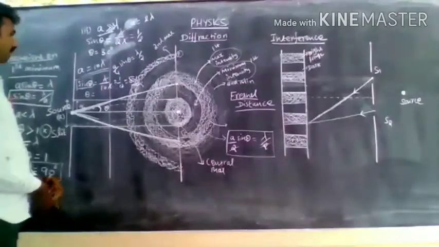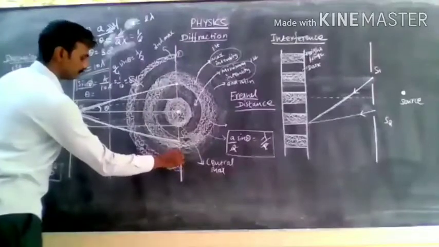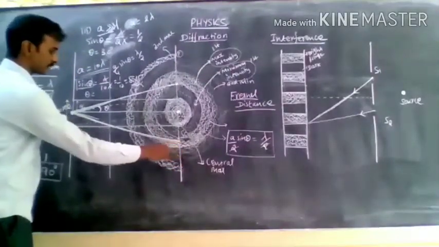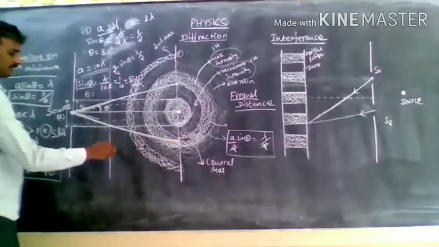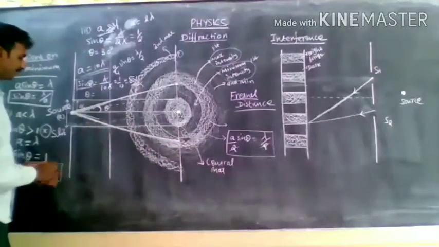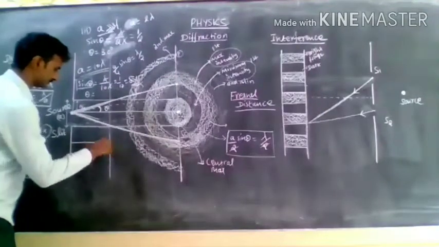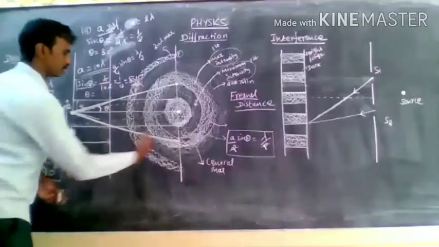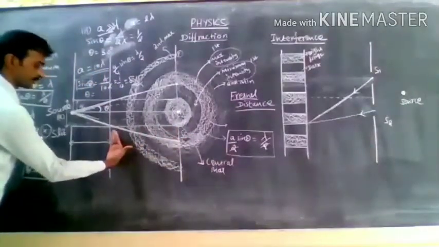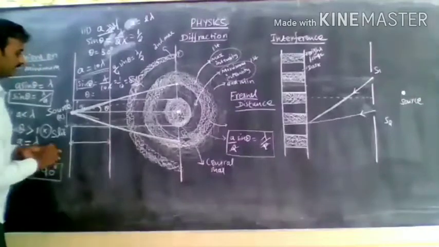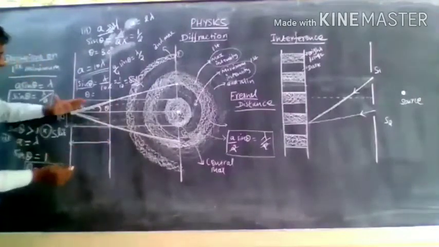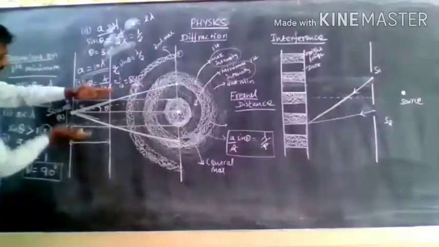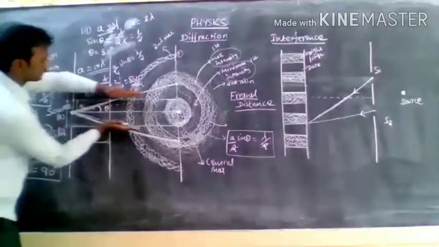Now I am going to move the screen towards the slit, at a particular distance between the slit and the screen. Suppose I move the screen towards the slit to the particular distance at which the diffracted rays are within the size of the slit.